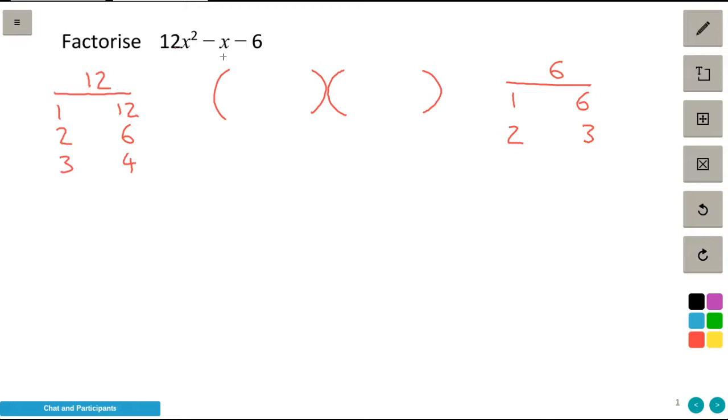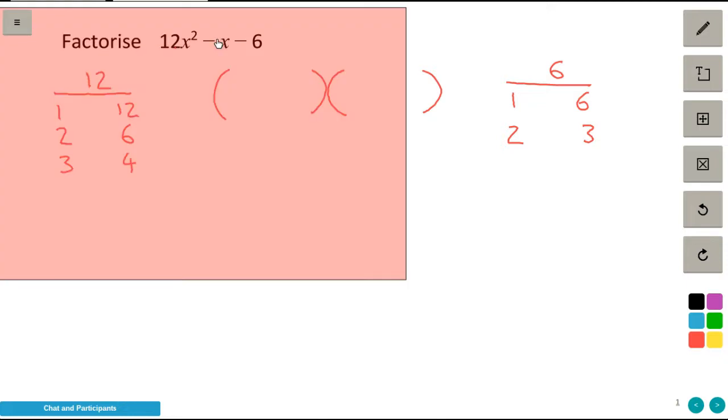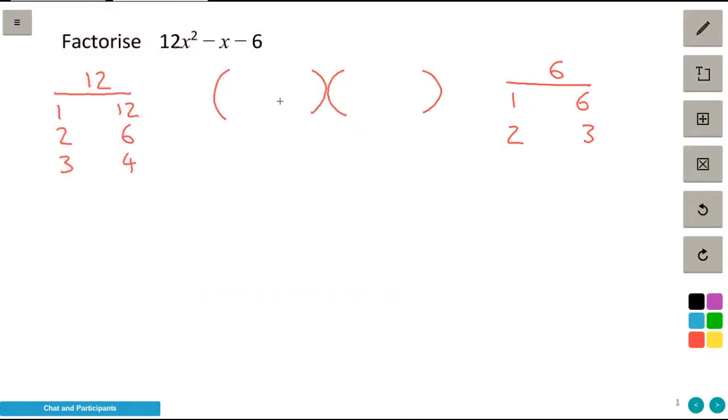And the reason for that is because of the number in front of the x here, which is a 1. Let's just pop that in so we're clear on that.